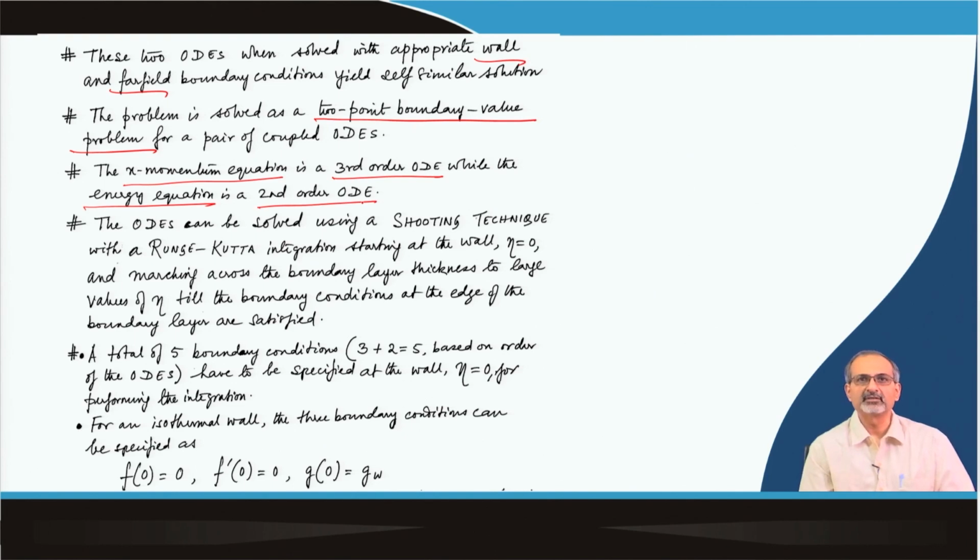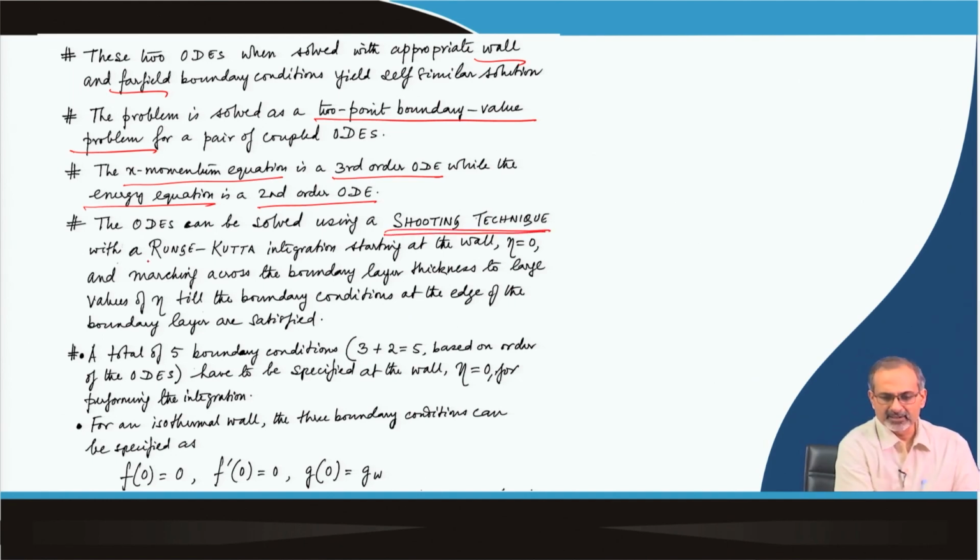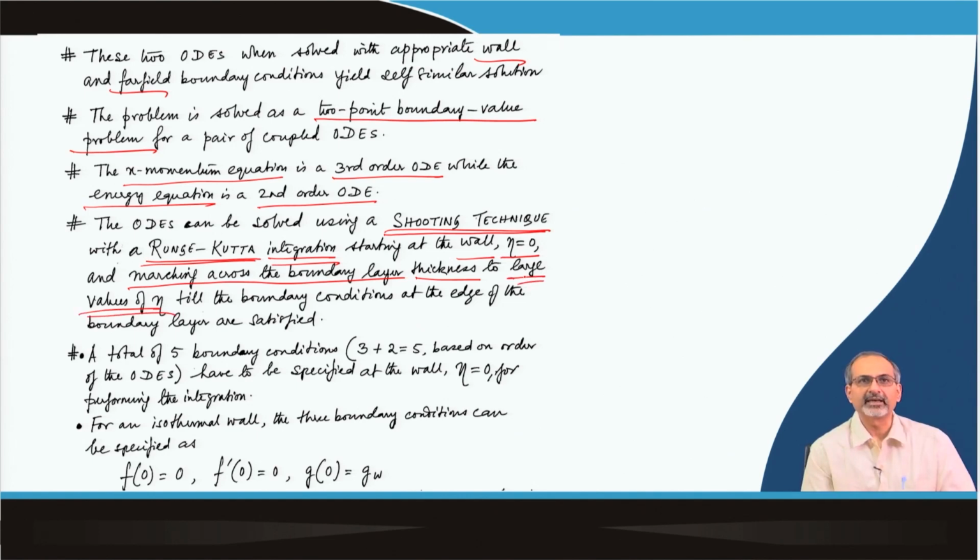If you look at the equations, it will be very easily seen, and in terms of a numerical solution, you can look for a so called shooting technique using the Runge-Kutta integration, starting at the wall, that is eta equal to 0, and marching across the boundary layer thickness to large values of eta till the boundary conditions at the edge of the boundary layer are satisfied.